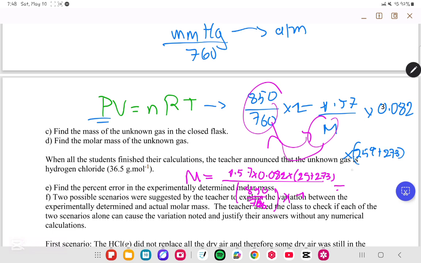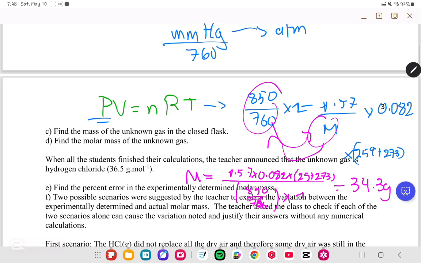So you put it on your calculator, and you are supposed to get an answer which is 34.3 grams.